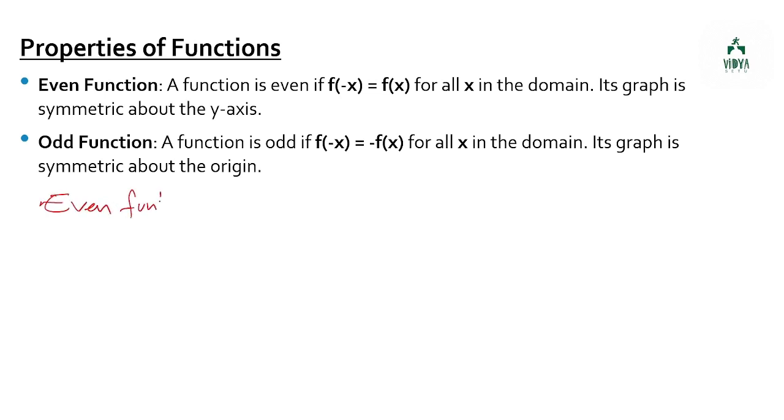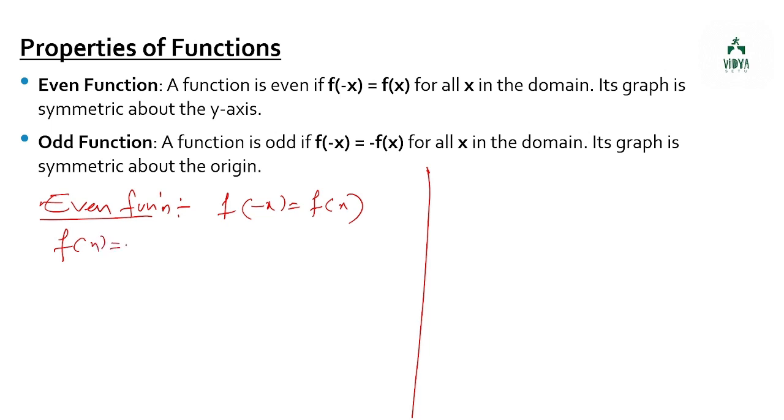Even function, I told you, right? Even function means f of minus x should be equal to f of x. So let's take an example. f of x is equal to x square plus 2. Now let's find whether it's an even function or an odd function. f of minus x: replace x with minus x in the polynomial function.